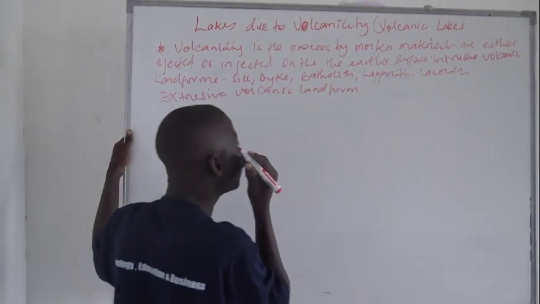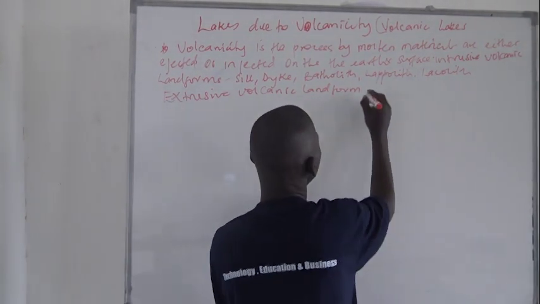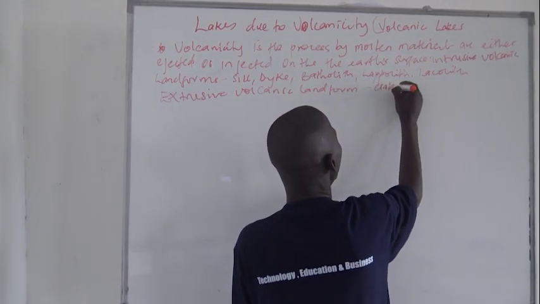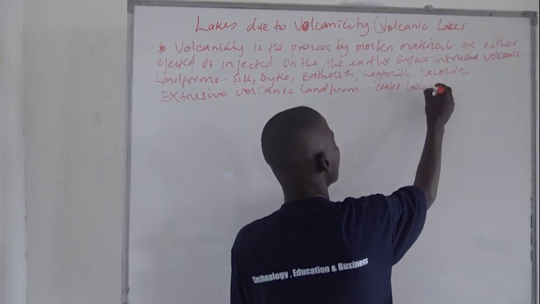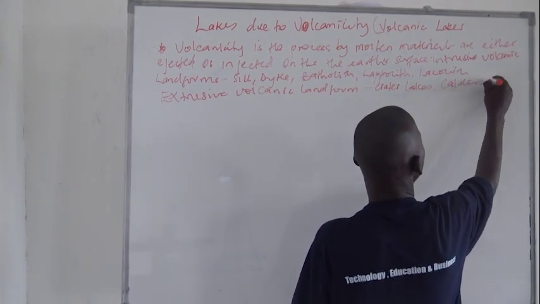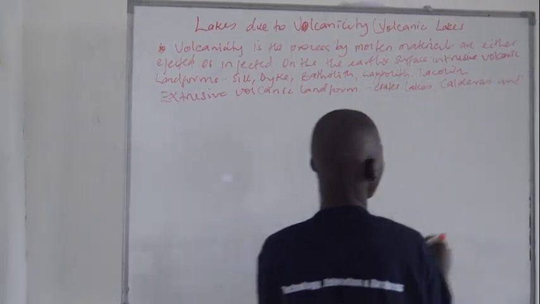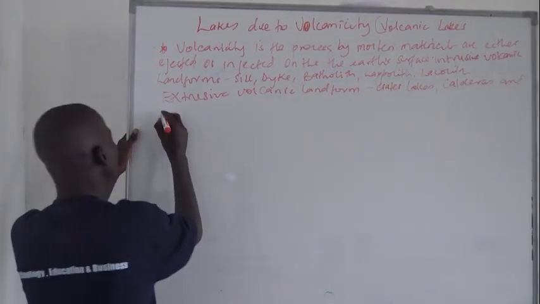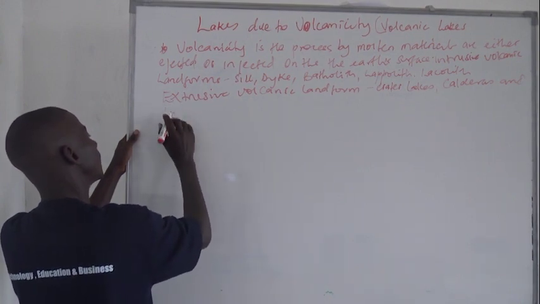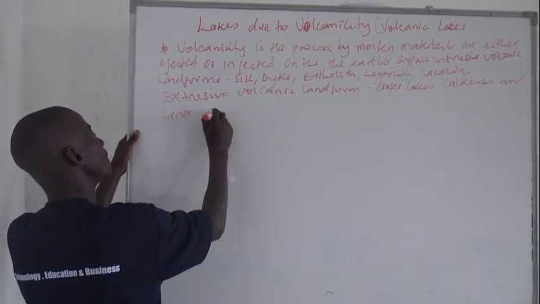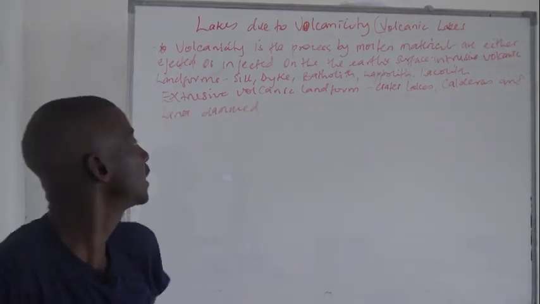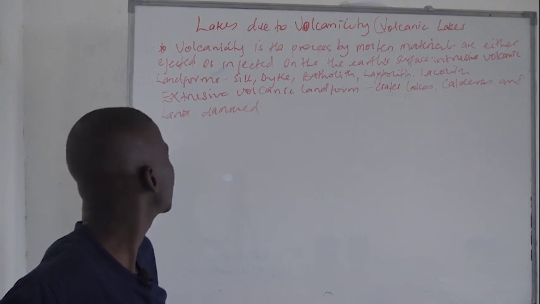So these extrusive volcanic landforms, that is where we have our lakes: the crater lakes, the calderas, and the lava dam lakes.